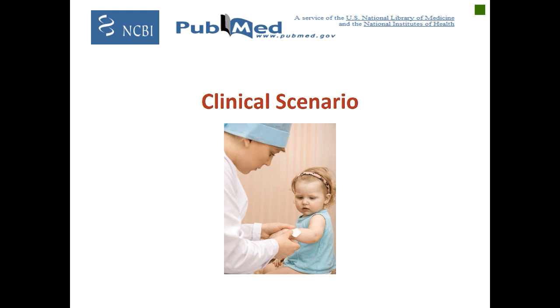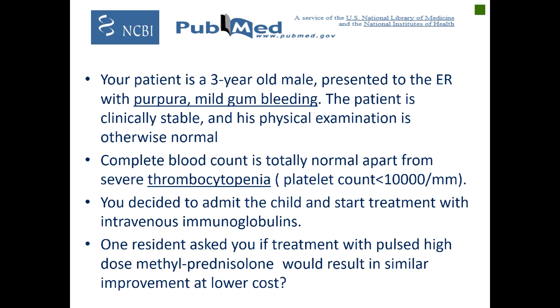Let's start our search by using this clinical scenario. You have a patient who is a 3-year-old male presented to the ER with purpura, mild gum bleeding. The patient is clinically stable and his physical examination is otherwise normal. Complete blood count is totally normal apart from severe thrombocytopenia.